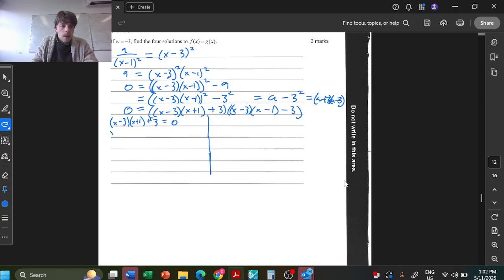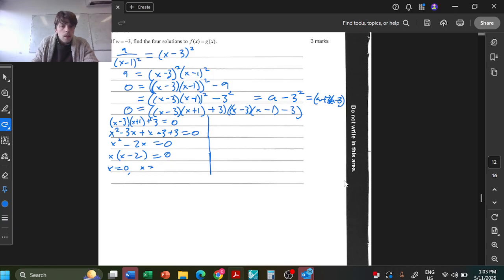So that'll give us x squared minus 3x plus x. So we're just doing FOIL on these brackets here. Minus 3 plus 3 is equal to 0. So the minus 3 and the plus 3 cancel out, and we're just going to get x squared minus 2x equals 0, which factorizes as x times x minus 2 equals 0, which tells us that x is equal to 0 and x is equal to 2 are our two solutions there.